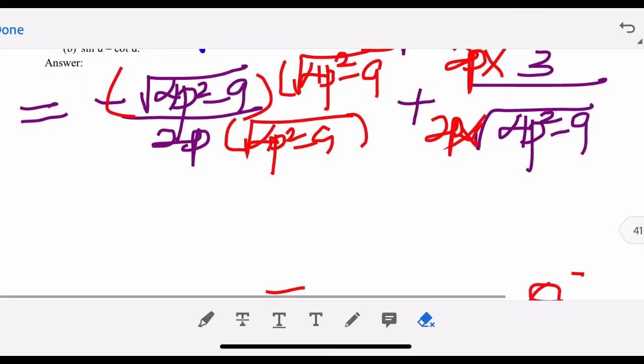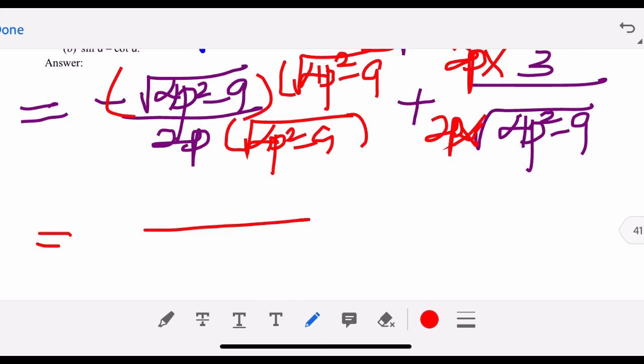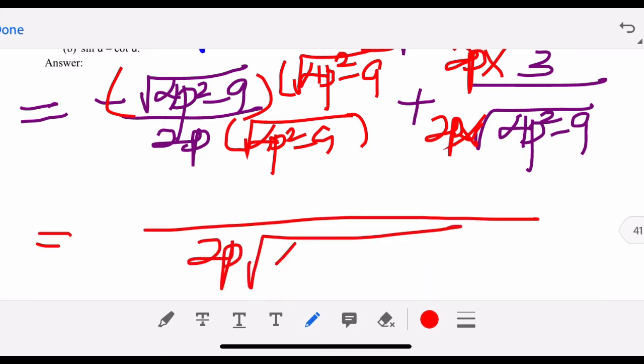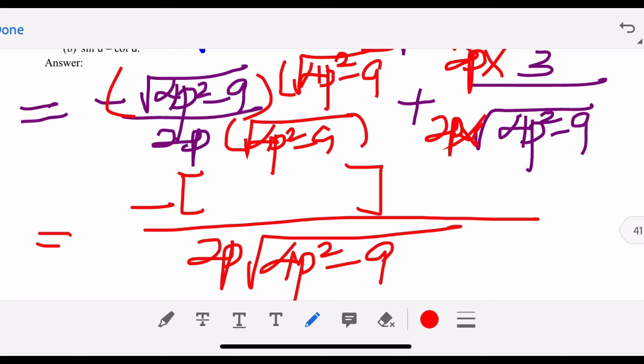Let me join them. You will write like this, over 2p square root of 4p squared minus 9. And here there is a negative, so make sure you put a bracket and the 3 times square root of 4p squared minus 9 will cancel out, plus the 6p.